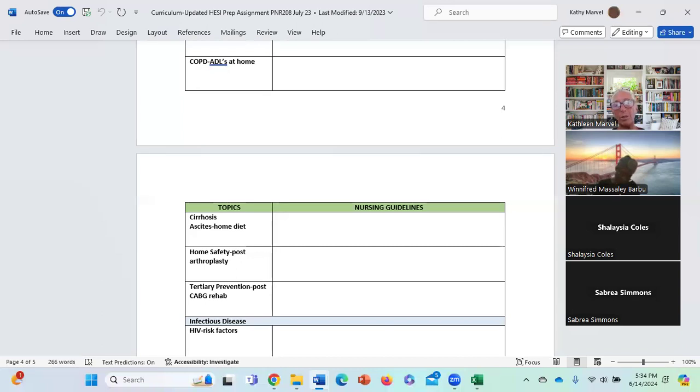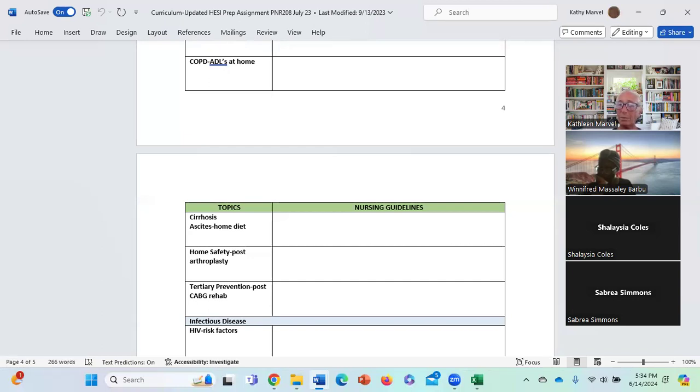You're caring for a patient in the home with cirrhosis. So you're going to have to teach them about what an ascites diet is. You filled that out in your HESI prep. Another med surg question, post arthroplasty safety. What's the safety factor when you visit somebody that's post arthroplasty?